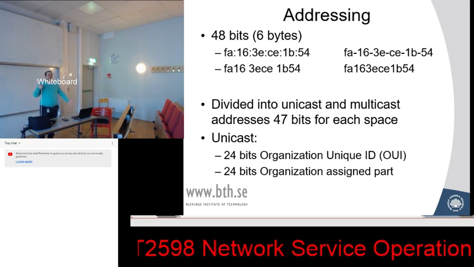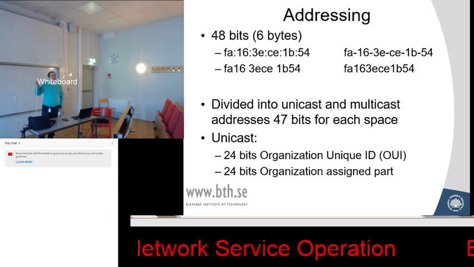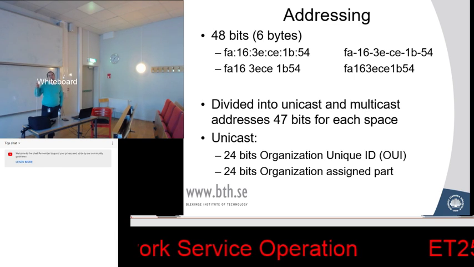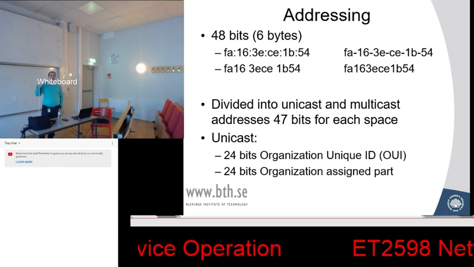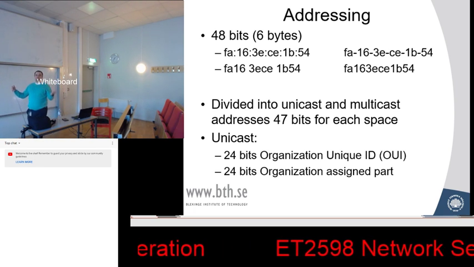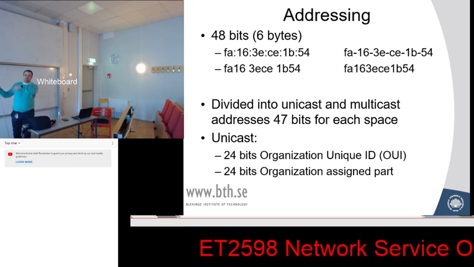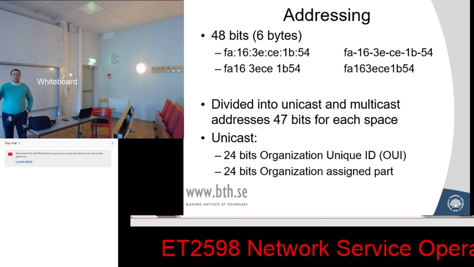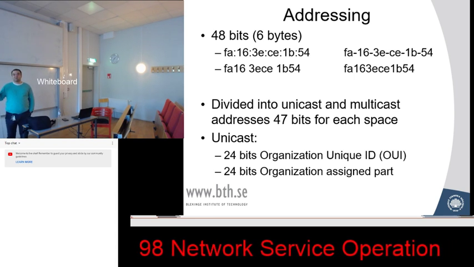How do we pick addresses in IP? If I set up an IP network, I can pick whatever address I want, right? If I set up an Ethernet network, I can pick whatever address I want, right?